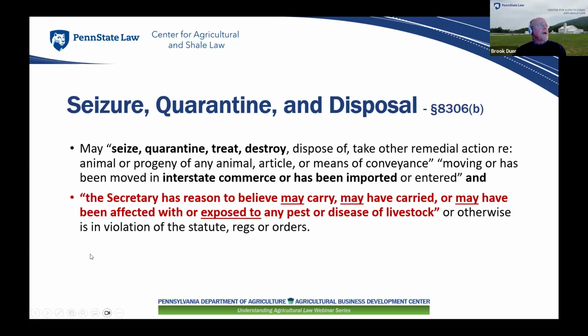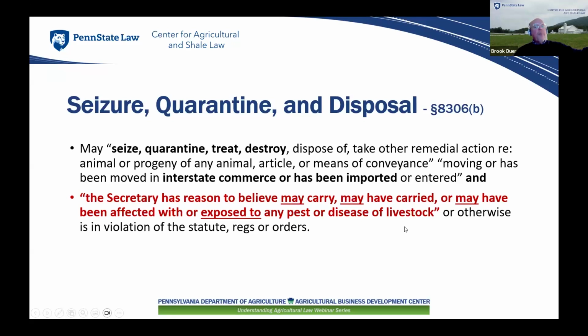And then also, and again, this is here to point that out, it's things that can be seized, quarantined, disposed of, etc. Things that the secretary has reason to believe may carry, may have carried, or may have been affected with, and they did use the word affected, not infected, may have been affected with or exposed to any pest or disease of livestock.